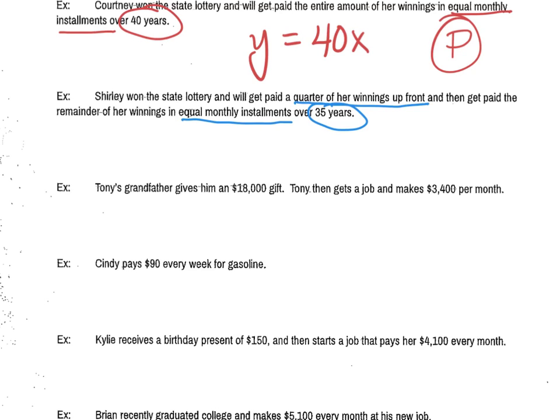Why? What makes it non-proportional? She got paid a quarter of it. She had an initial fee type. She was given an initial amount of money, and then it grew by the same amount every month for 35 years. So that would make it non-proportional. I'm just going to write NP.